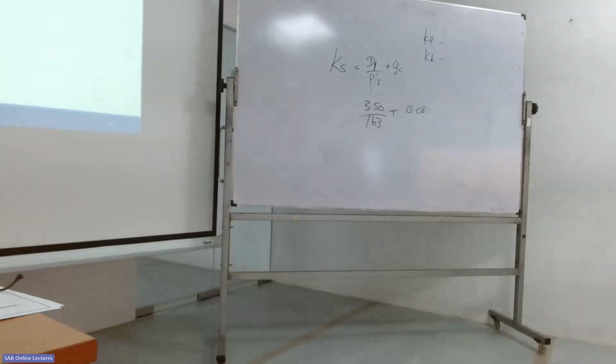The answer? 10.1. Then the dividend expected to pay at the end of this year is not the D0. This is D1.